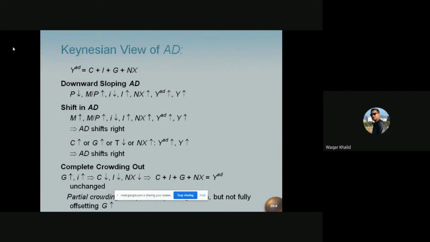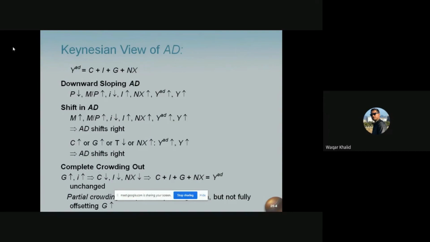So the lower value of the dollar, which makes domestic goods cheaper relative to foreign goods, will cause net exports to rise. Why? Because the dollar value is depreciated in relation to foreign currency. It means a decline in the exchange rate.